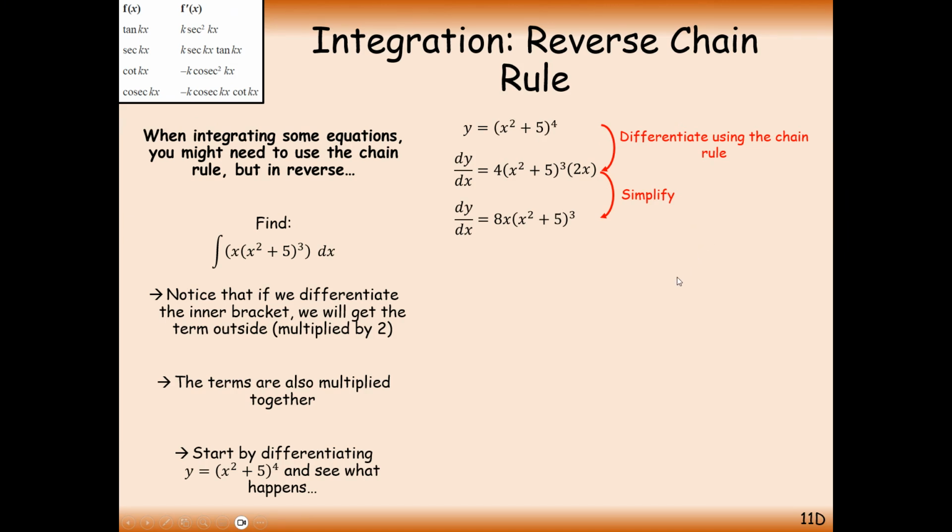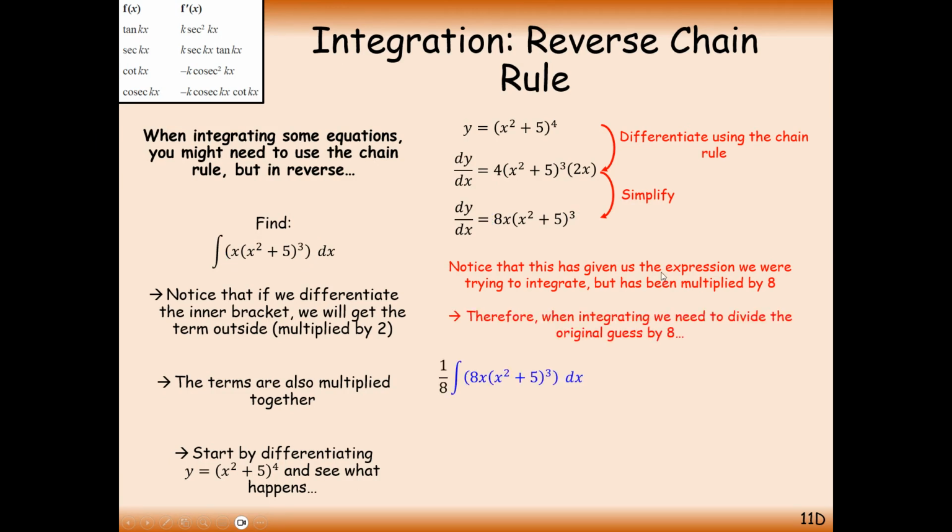What's missing under the integral is a factor of 8. Therefore, we can multiply and divide by 8 at the same time, and we'll have such an expression. Therefore, the final answer would have been 1/8 multiplied by the color-coded answer here, which is x squared plus 5 raised to the power of 4 plus c.